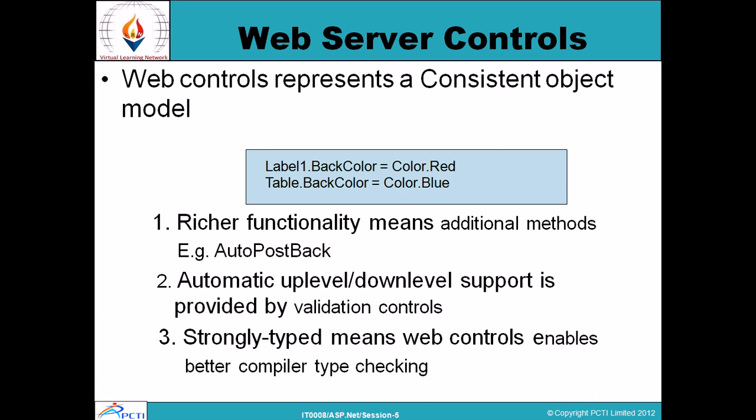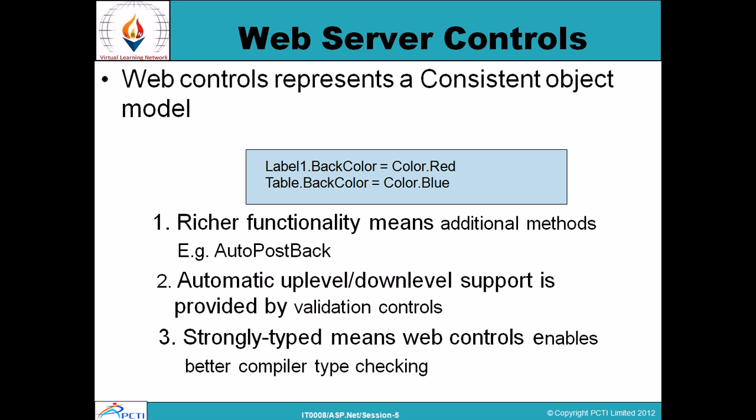Web controls basically represent a consistent object model in which we make use of controls, like Label1.BackColor = Color.Red, Table.BackColor = Color.Blue. All the web server controls offer richer functionality. Richer functionality means additional methods, such as AutoPostBack.